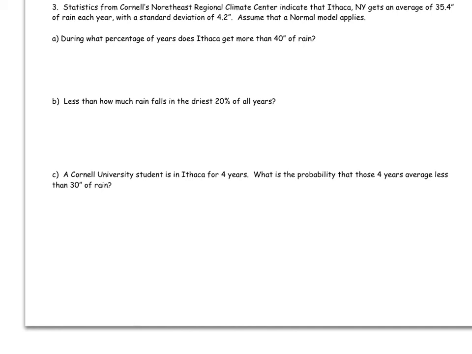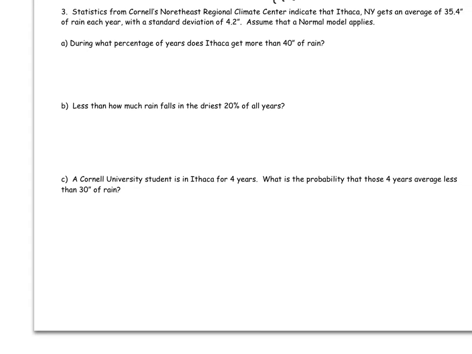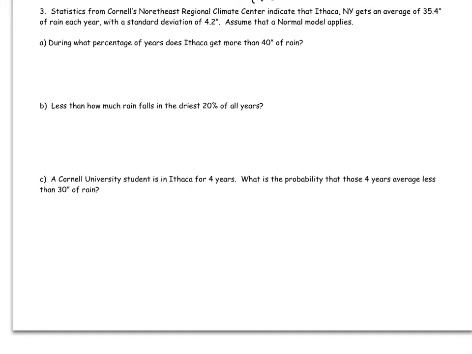So during what percentage of years does Ithaca get more than 40 inches of rain? So it says that the rain is normally distributed. So very quickly, my picture would look like this. I got 35.4 inches of rain in the center because that is the mean. Mark off 40 inches, so I'm looking for that probability.